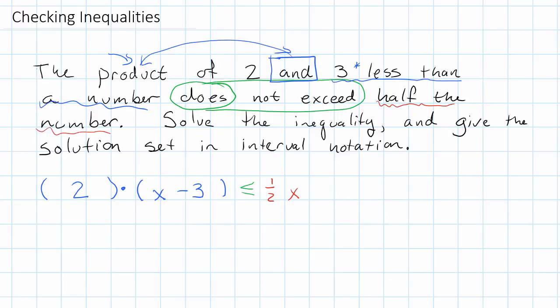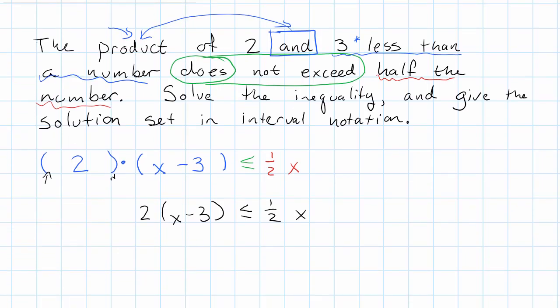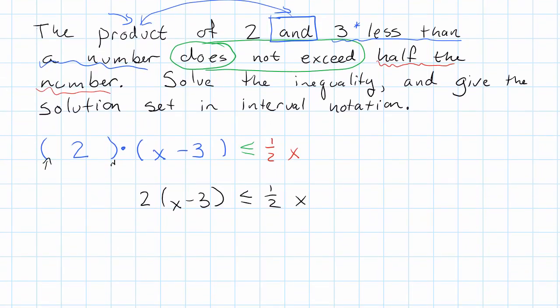I'm going to rewrite it in a slightly neater way. These parentheses aren't doing anything for me. I'm going to have 2(x minus 3) is less than or equal to 1/2 x. Okay, now I'm ready to solve this.